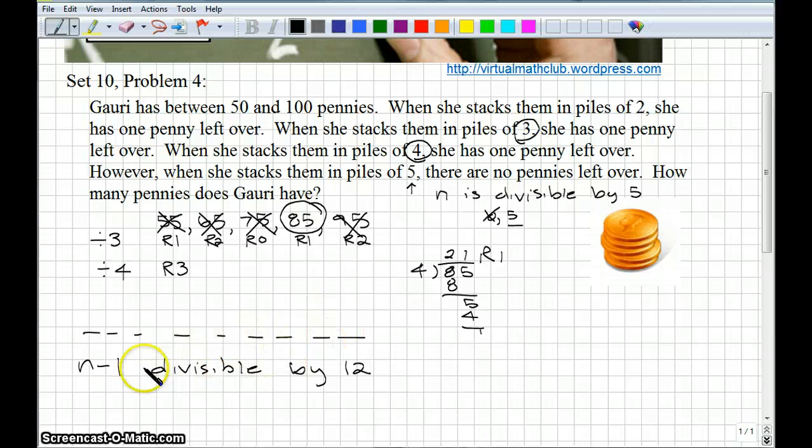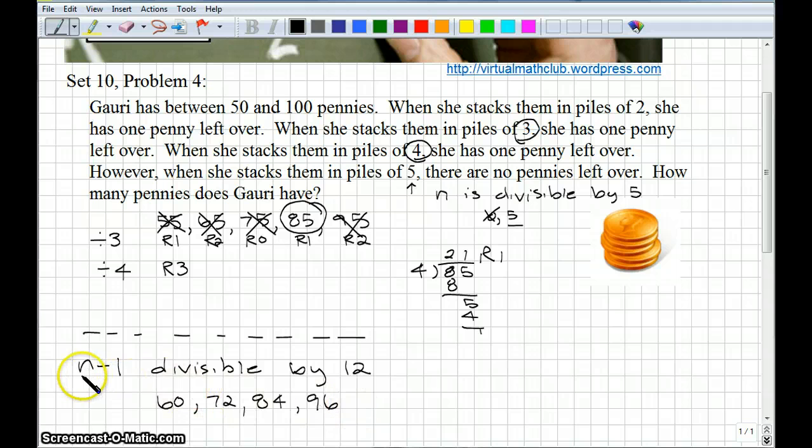Okay? So what he recognized is that n minus 1 is divisible by 12. So then he listed out the multiples of 12 between 50 and 100. And so his numbers were 60, which is 5 times 12, 72, 84, and 96. Okay?